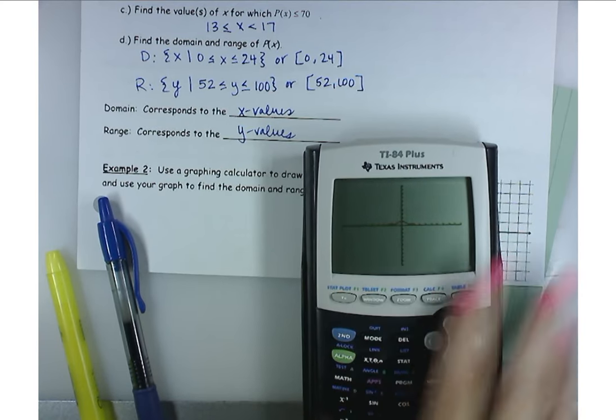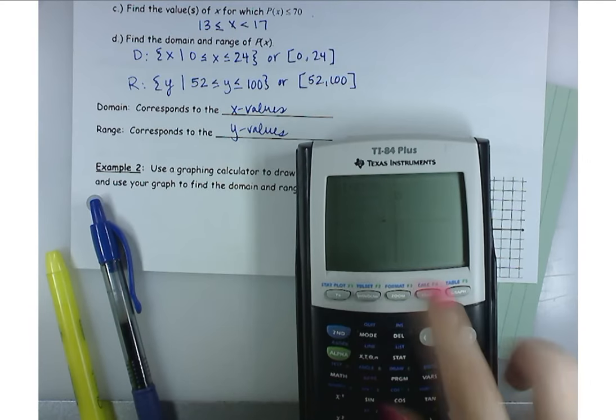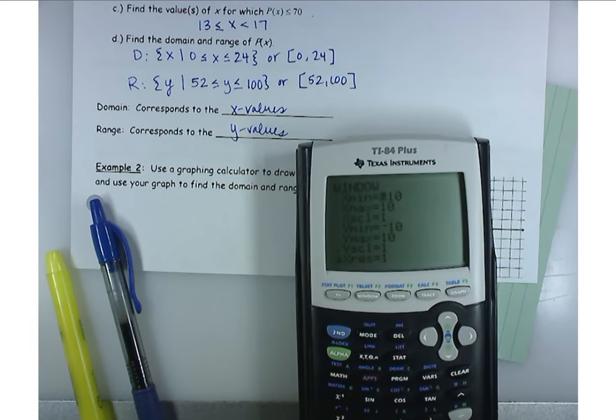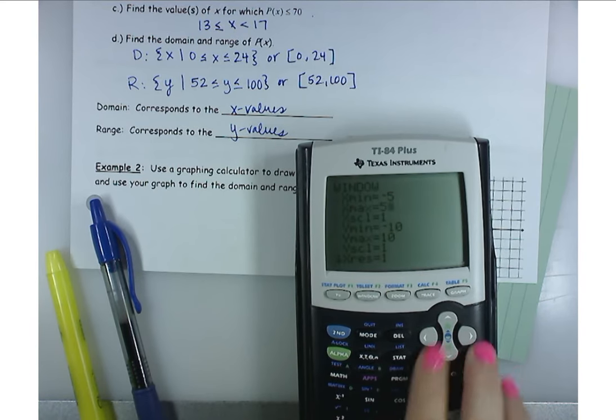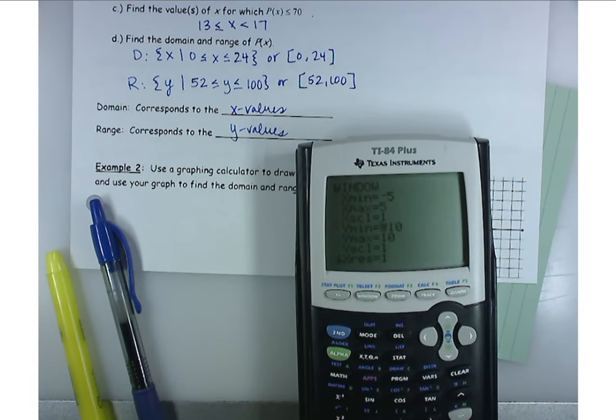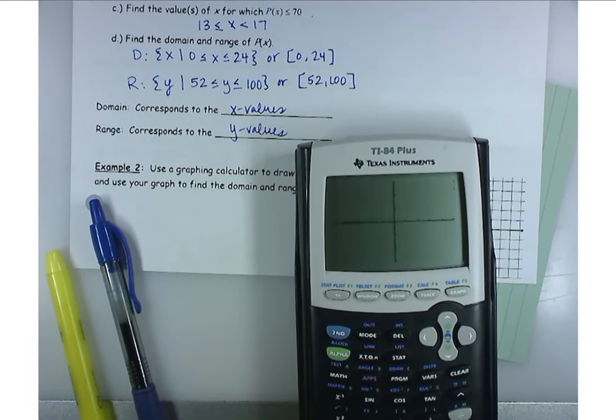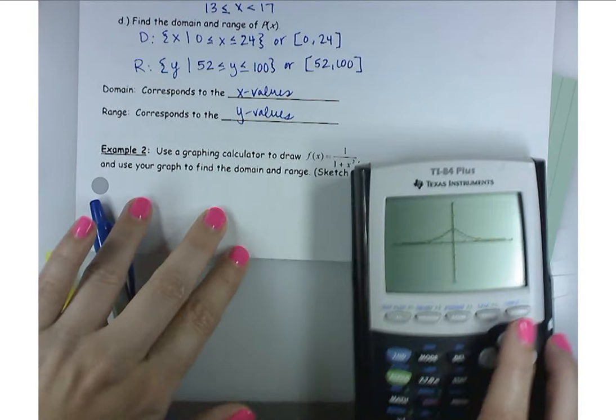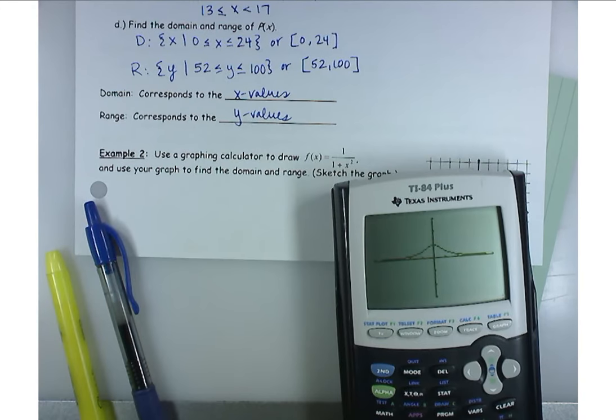I think I'm going to go from -5 to 5. That's actually the graph I gave you, -5 to 5 and -5 to 5. And then for your min and max, I think I went from -3 to 3, just so I could see a little bit more clearly.